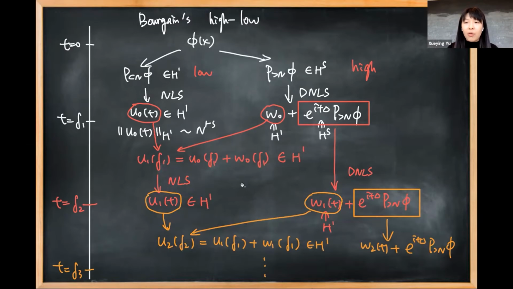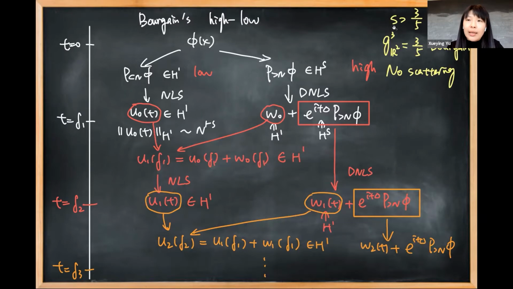So this will give you some restrictions on the regularity of your initial data. And Bourgain proves that if your data is in H^s space where s is larger than 3/5, you can actually have global solutions. But there's no scattering argument in Bourgain's paper.